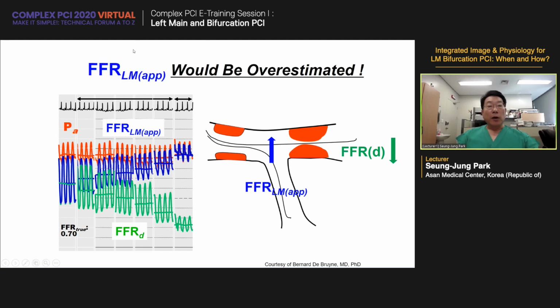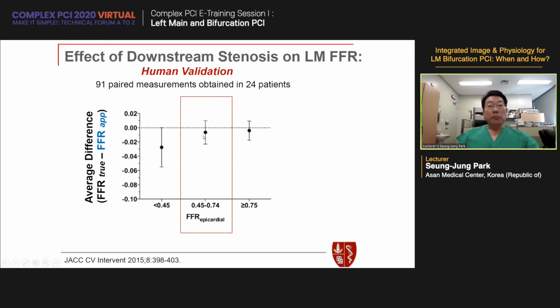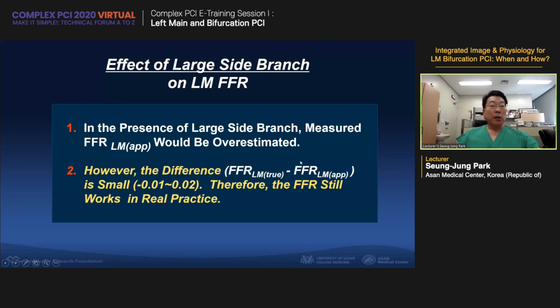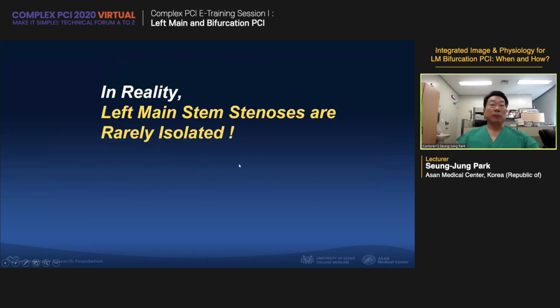Actually, the measured left main FFR would be overestimated, but the degree of overestimation is not too big, 0.01 or 0.02. In the presence of large side branches, the measured FFR would be overestimated. However, the difference between the true and measured values is very small. Therefore, FFR still works in real practice, with almost the same concept as tandem lesions.